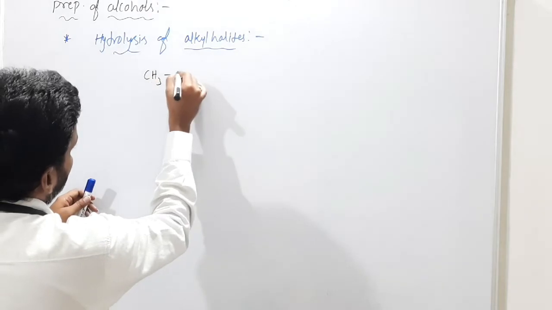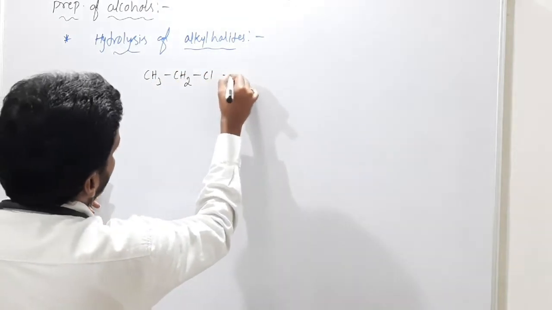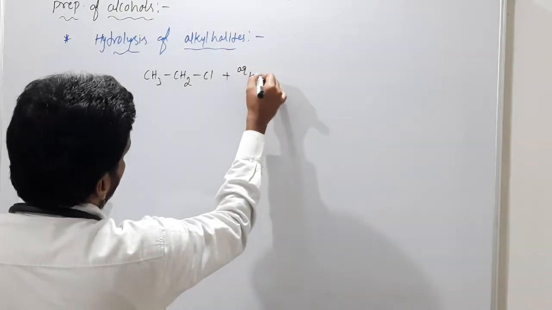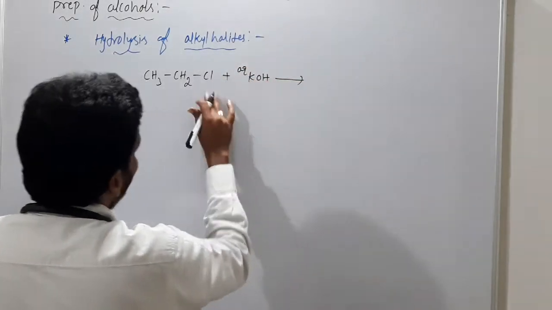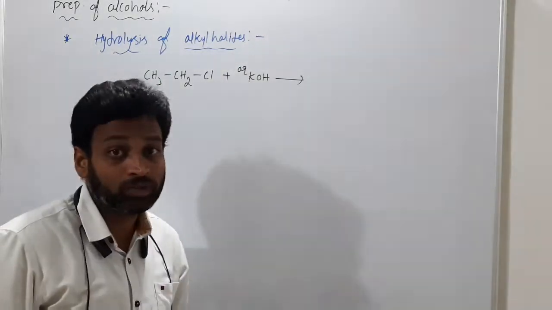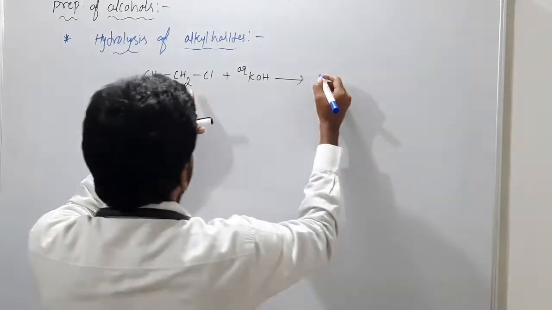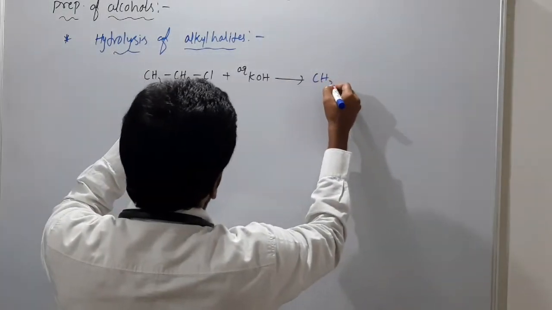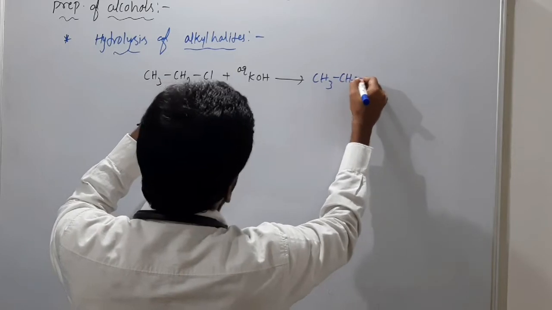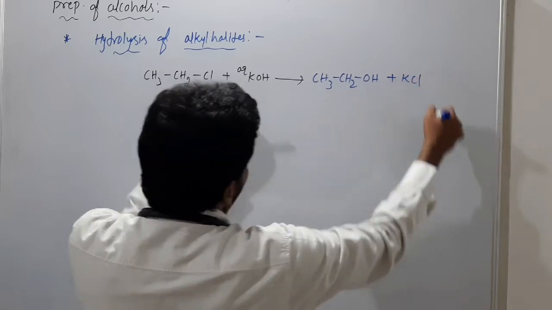CH3CH2Cl, I am using aqueous KOH. Do you remember monohalo, dihalo, trihalo? When treated with aqueous KOH, what are the products I told? Monohalo gives alcohols. So the product is CH3CH2OH plus KCl.